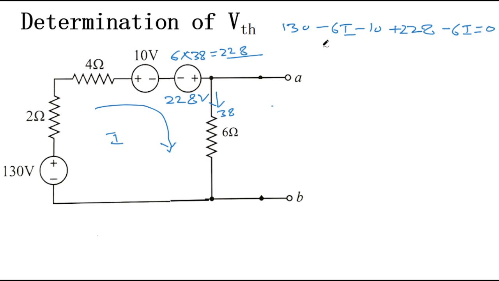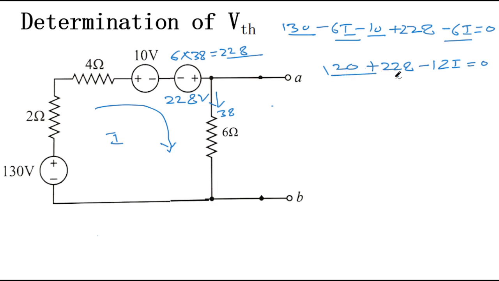So let us solve this one. 6I and 6I will become 12I, right? 130 minus 10 is equal to 120. 120 plus 228 minus 12I is equal to 0.